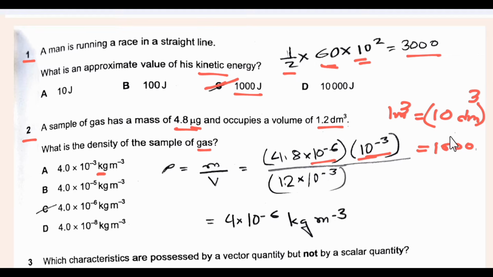So 1 dm cube is equal to 1 by 1000 meter cube. So we need to multiply this value with 1.2 to convert the volume from 1.2 dm cube to m cube. Then density is the mass per unit volume. So the density comes to be 4 into 10 to the power negative 6, that is closest to C.